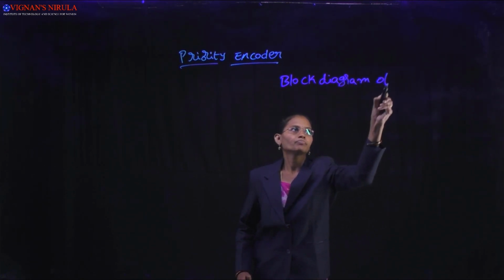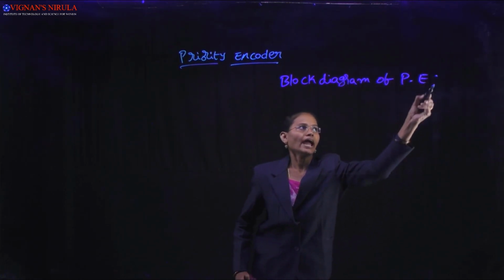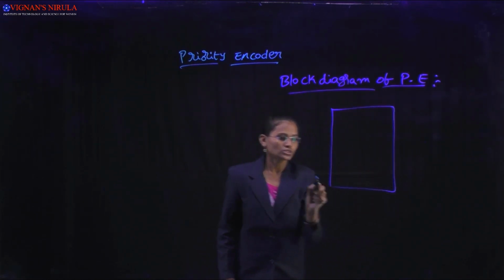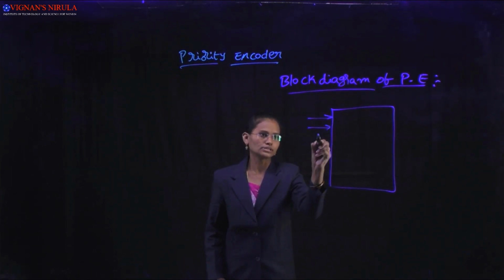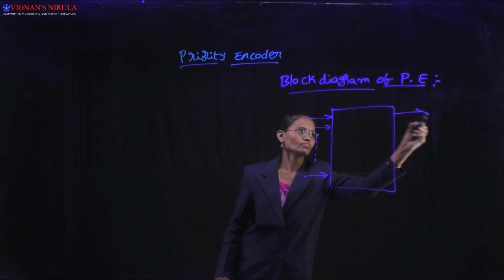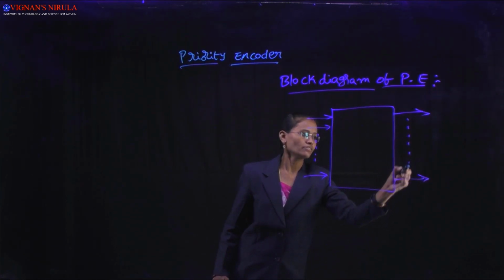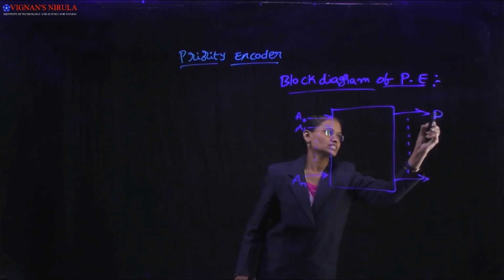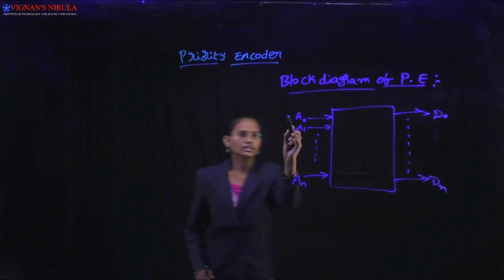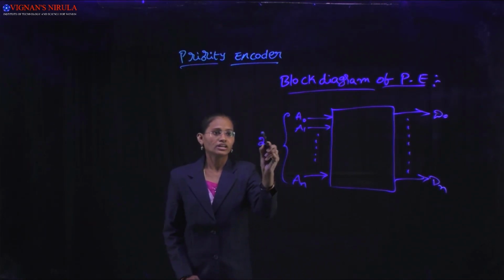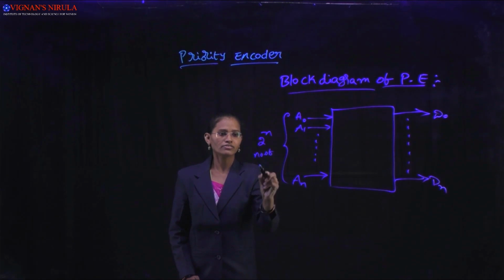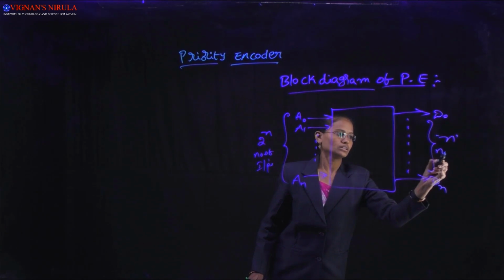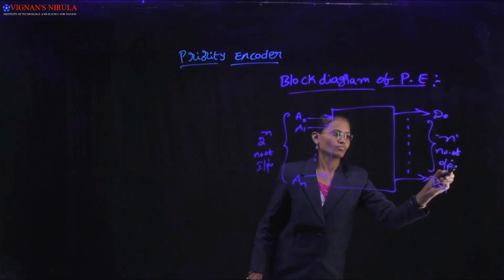Block diagram of priority encoder. In this also, the inputs are 2 power of n number of inputs and it produces n number of outputs A0, A1 up to An, and the inputs are D0 up to Dn.